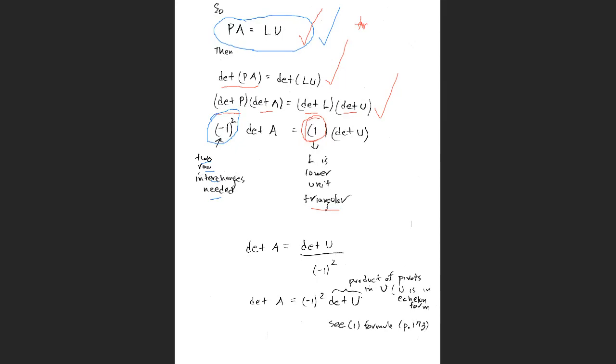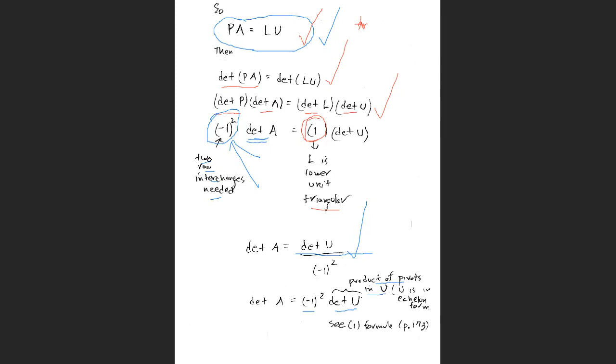Good. But of course, we want to figure out what the determinant of A is. Well, look at what we got here. All we need to do is take the determinant of A, and divide by that (-1)^2. So the determinant of A equals the determinant of U divided by (-1)^2, and so the determinant of A is just equal to (-1)^2 times the determinant of U. And the determinant of U is easy to get. That just equals the product of the pivots in U. U is an echelon form.